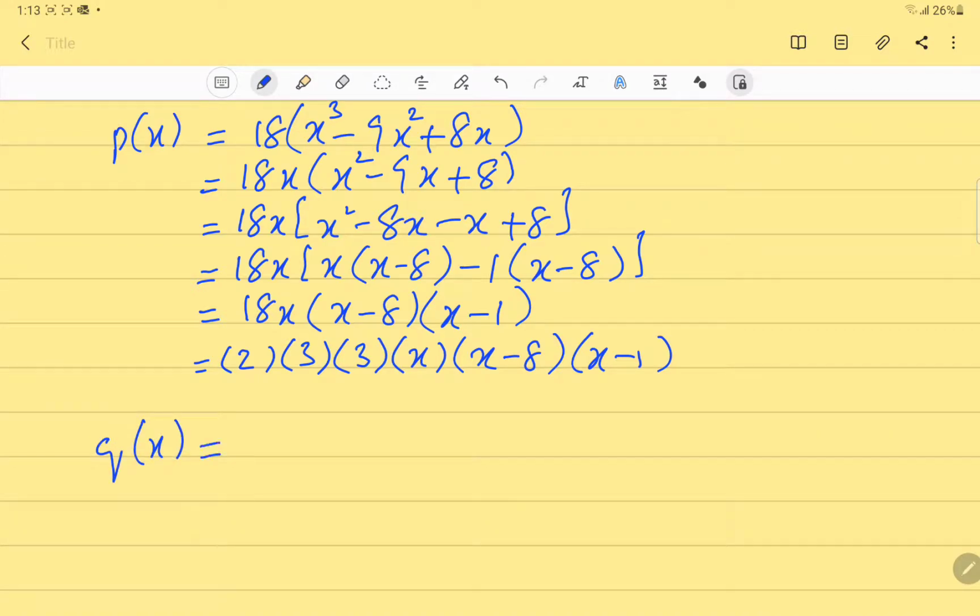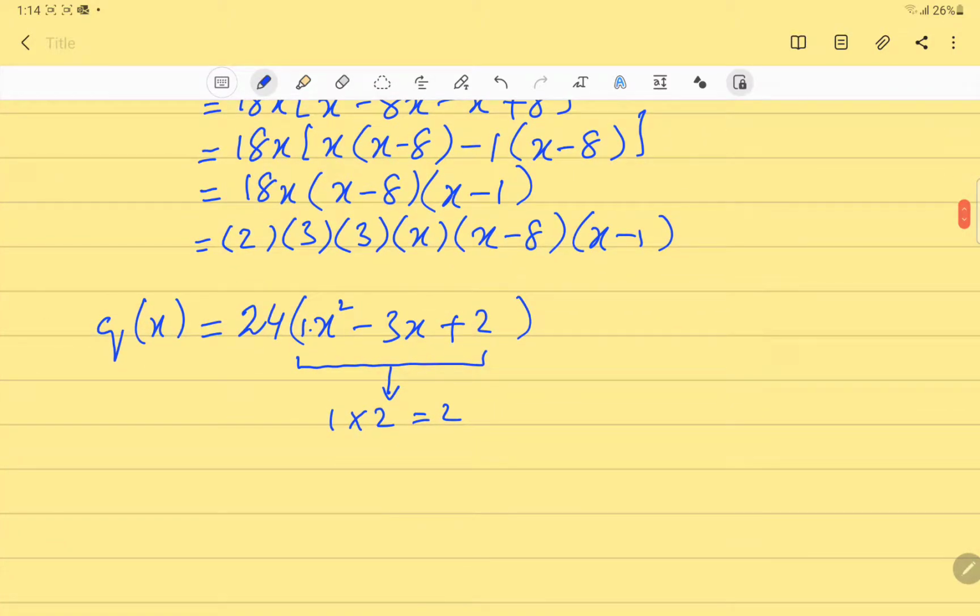Now we move on to our second expression, which is 24 into x squared minus 3x plus 2. Here within the bracket there is no common factor like last time, but it is a quadratic expression and x squared is not having any coefficient, which means it is 1. Now we will multiply 1 with 2 and we are getting 2, and this is the only pair of factors possible in this case. Now we have to see if we add these two factors or subtract, can we get 3?